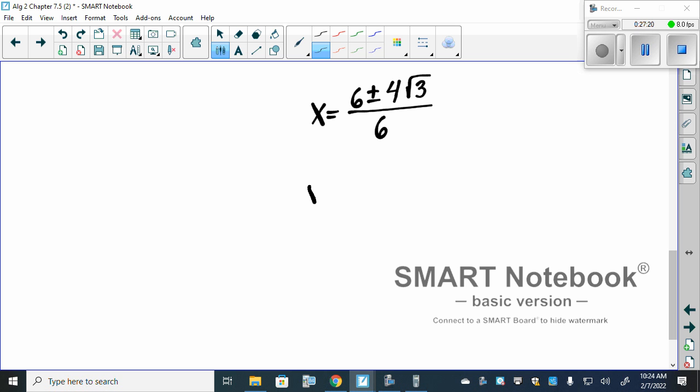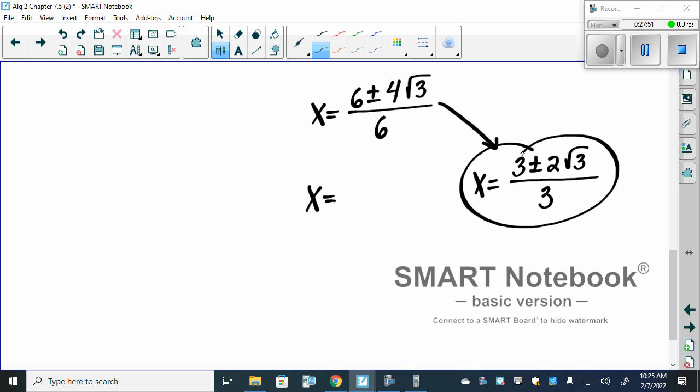Now, this isn't technically the simplest form because there is a greatest common factor between all 3 of these numbers, which is 2. Now, if we wanted to, we could actually skip over to the answer, because if I simplify these all by 2, on top, the 6 and 4 would become 3 plus or minus 2 square root of 3, and the denominator would become 3, and that there would be the answer.